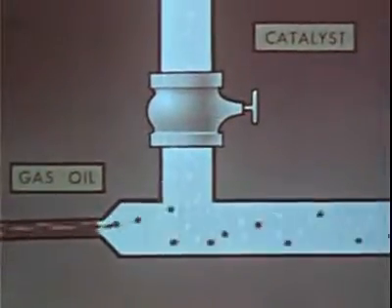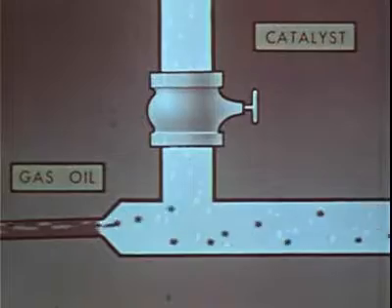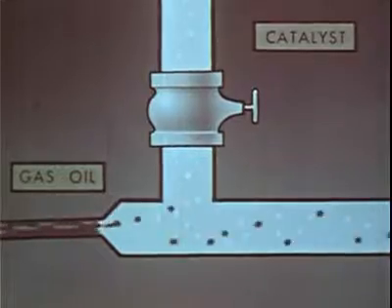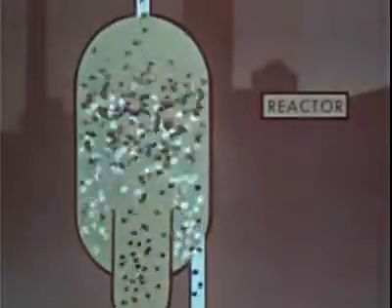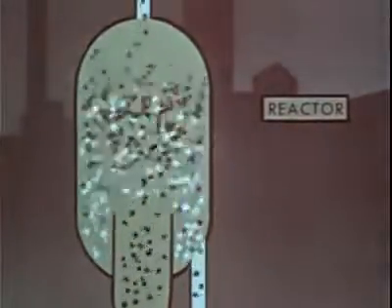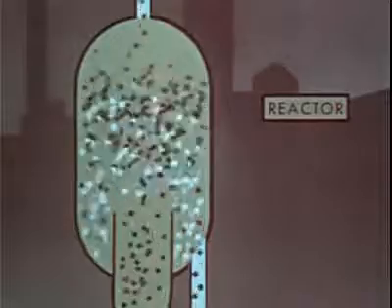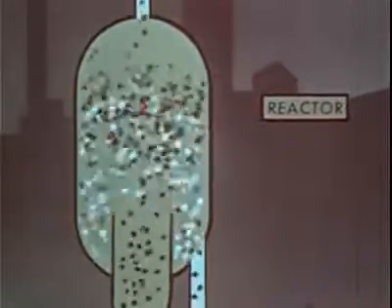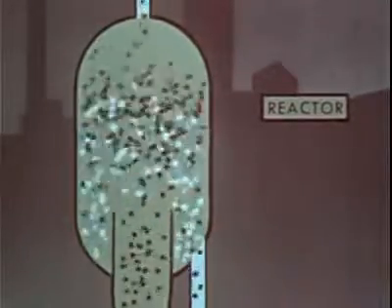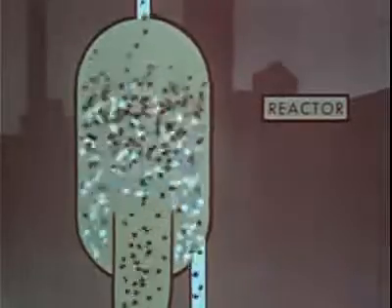Gas oil is heated. It is joined by the hot, finely powdered catalyst, shown here as little white grains. The hot oil and the still hotter catalyst then move together through pipes up into a chamber called the reactor and are tumbled about. Here, the heavy oil molecules are cracked by catalytic action to produce gasoline molecules.